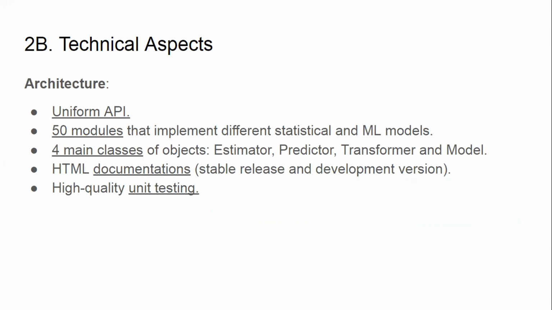It is not necessary to know other modules to contribute to a specific module. Each module is also very similarly based on 4 main classes. Each module contains estimator, predictor, transformer, and model.